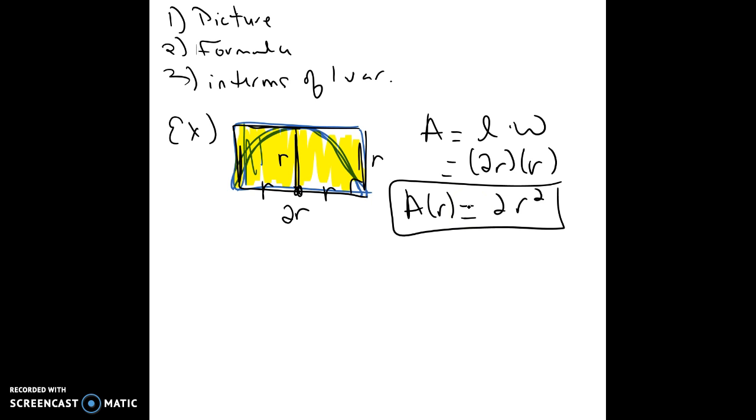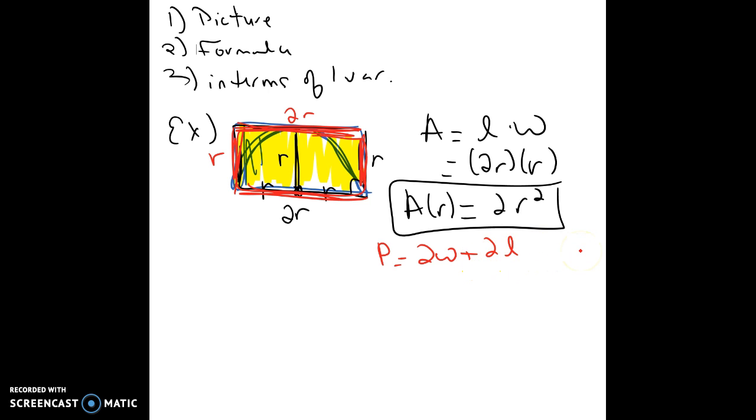All right, say I take that same problem and we focus on perimeter. So now we want the perimeter of this rectangle as a function of the radius of that semicircle. Well, this side is still r and this side is still 2r. Perimeter is the distance around. You could write a formula if you want, like 2 width plus 2 length, or a plus b plus c plus d.